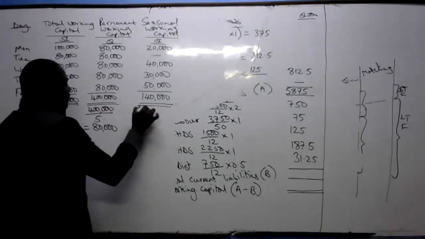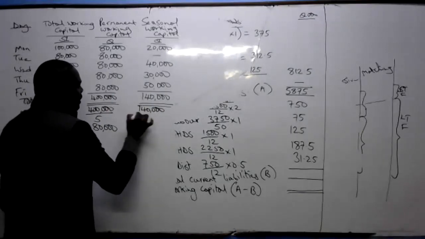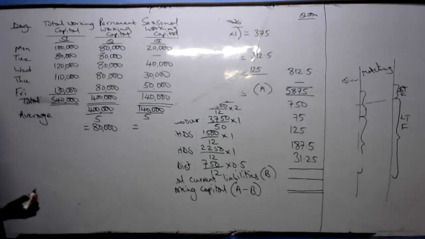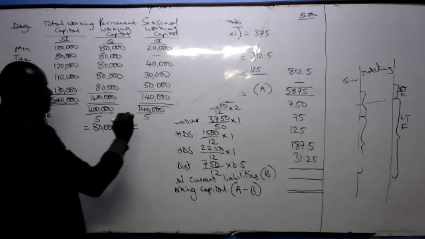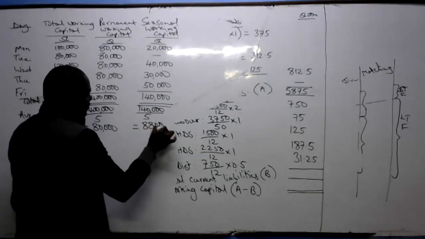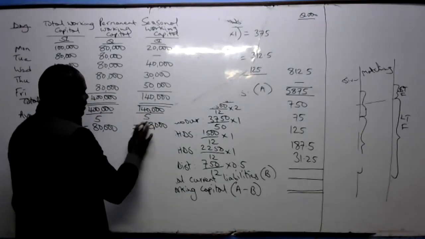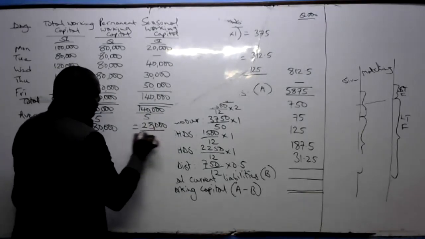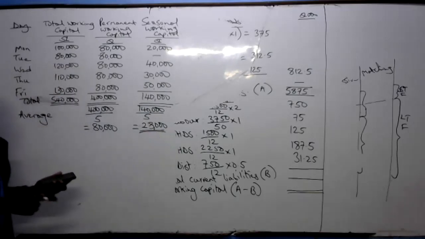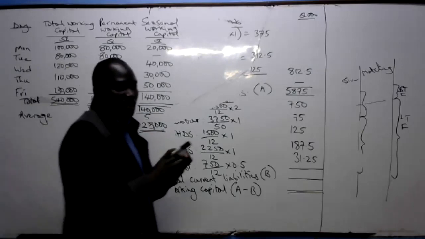Now 140,000 divided by how many days in a week? 5, giving us 28,000. Yes, 28,000. So that is our 4 marks, 2 marks, 2 marks.